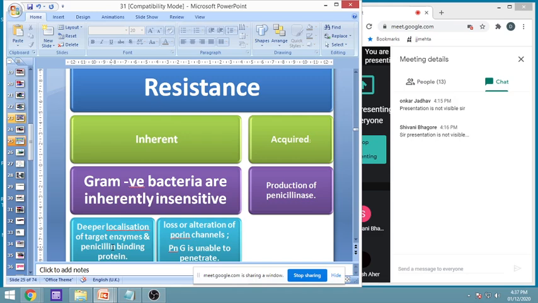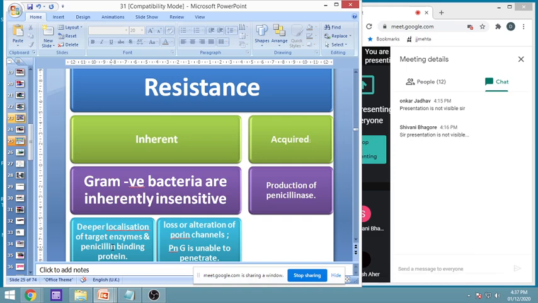Acquired means initially they were susceptible, but after some time there is a change in their genetic structure because of mutagenesis or other such reasons, and they acquire this immunity.